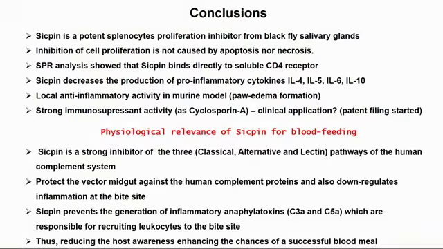Most blood feeders have inhibitors of the complement system, and this one in particular binds to the C3 convertase, which is the common pathway for the 3 pathways, the alternative, classical, and the lectin. So we are pretty sure that this is the salivary function of this molecule.